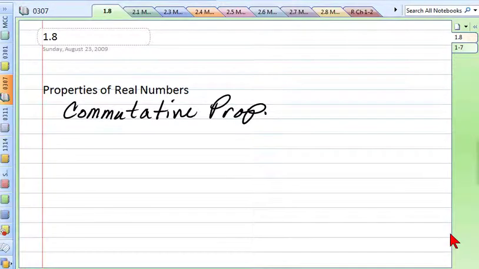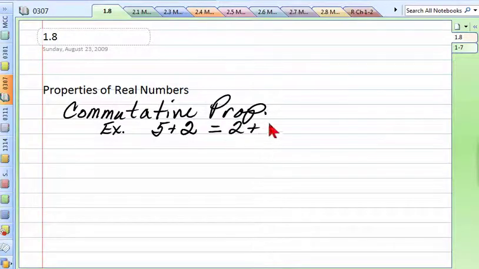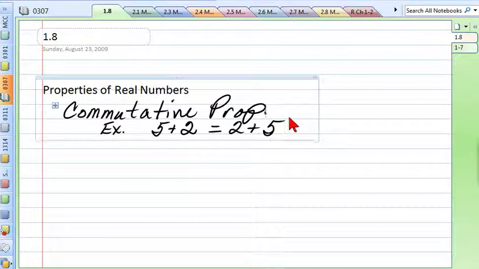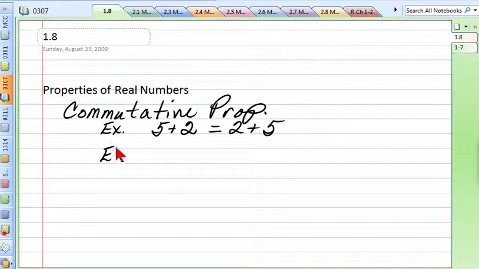The commutative property in mathematics says that 5 plus 2 is the same as 2 plus 5. The commutative property for multiplication says 3 times 7 is the same as 7 times 3.